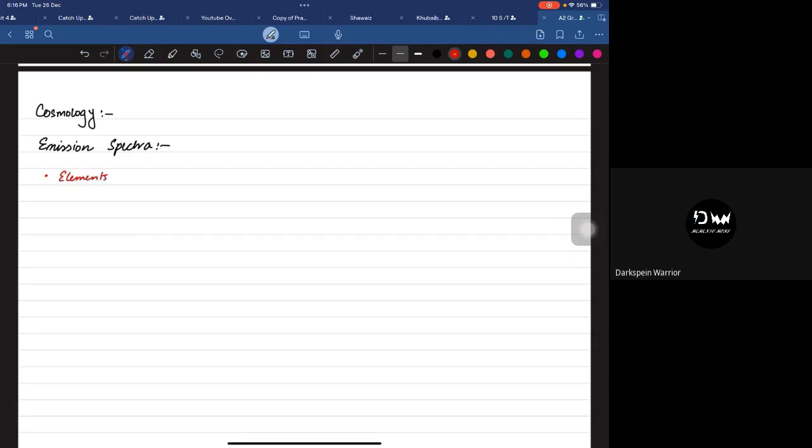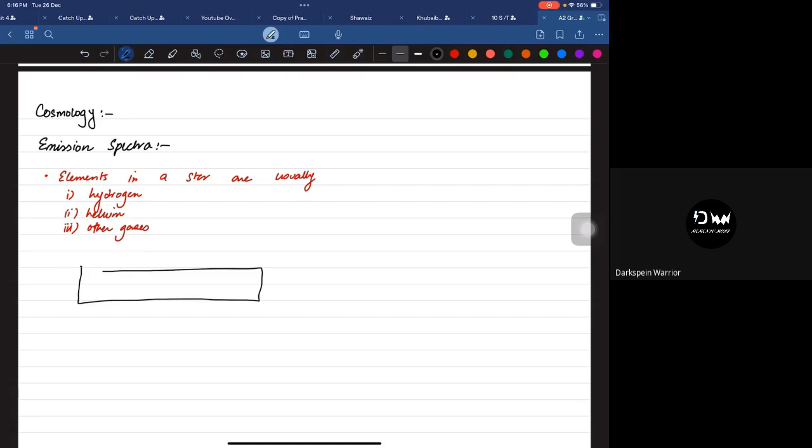So what you need to remember is that elements in a star are usually hydrogen, helium, and other gases. Generally, what you see in stars is a spectrum: what you receive from them is a black spectrum with certain very specific discrete colored lines.